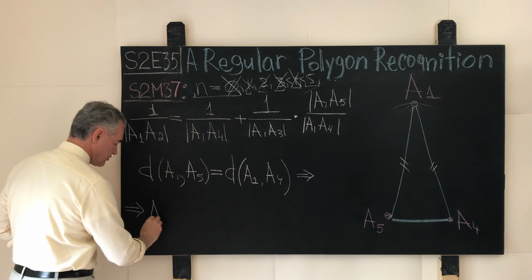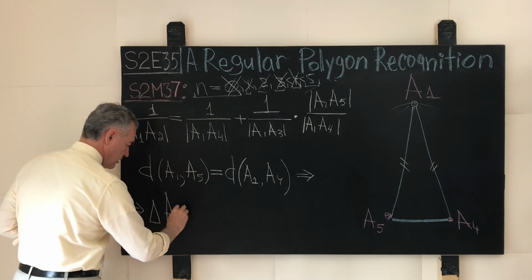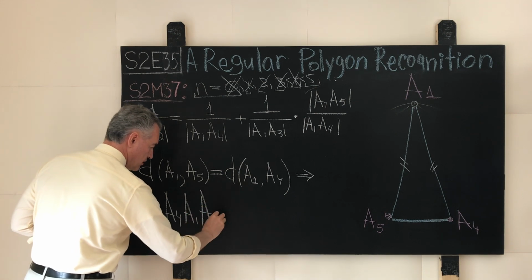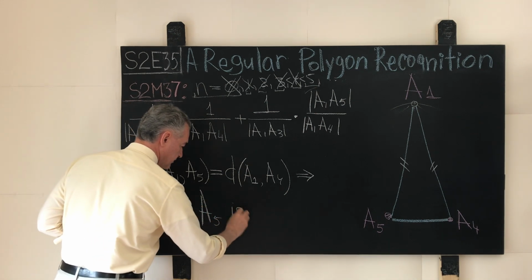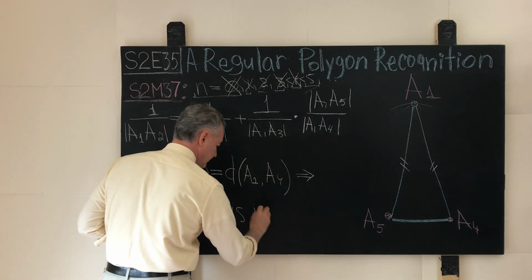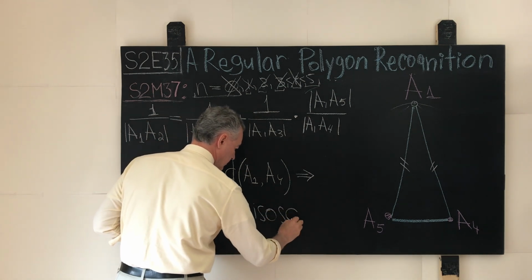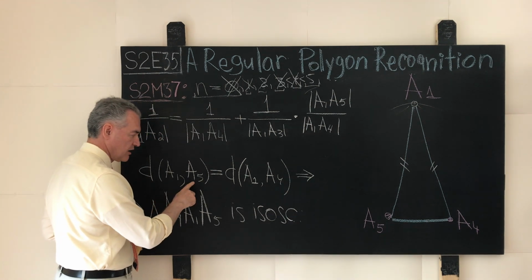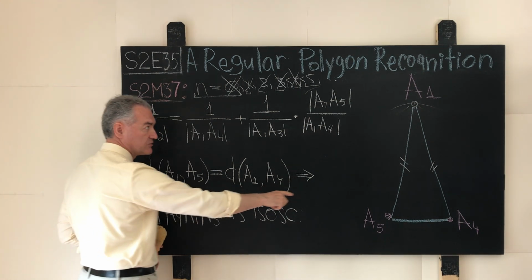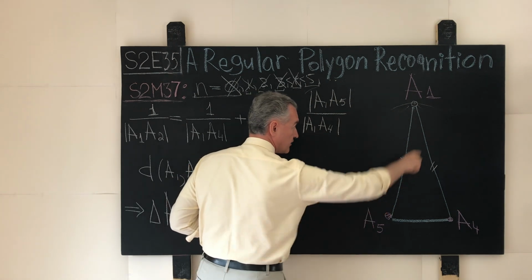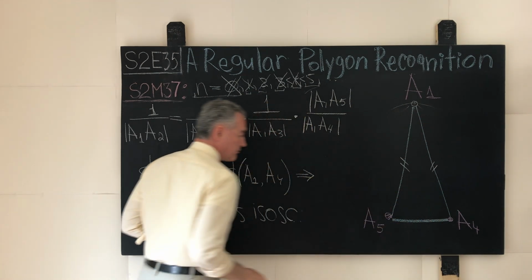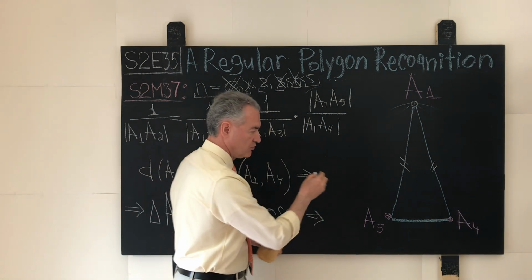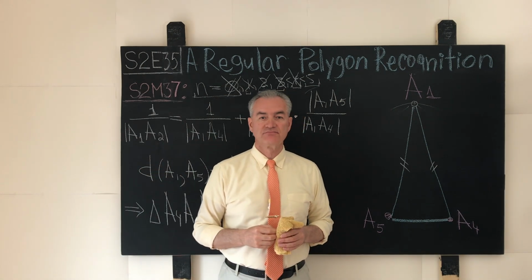Let's write it down. The triangle A4, A1, A5 is isosceles, with the distances, or the lengths of the sides, A1A5 and A1A4 being one and the same. And what does that mean? How would you answer that question?